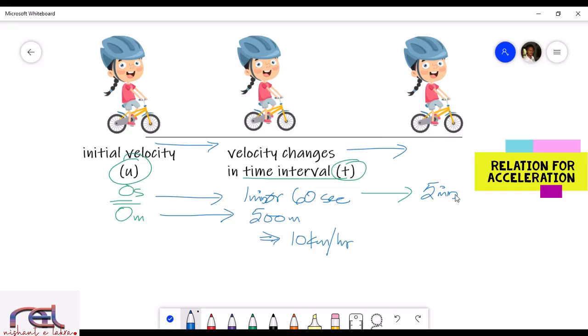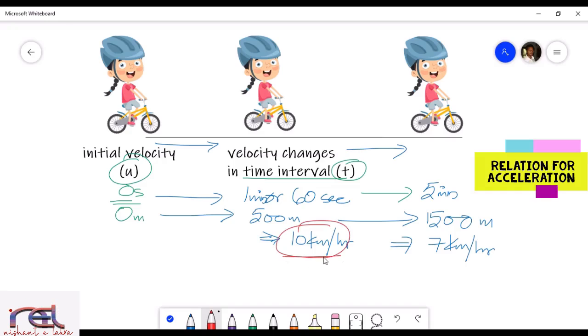Now she has bicycled 5 minutes, and in 5 minutes she has covered, let's say, a distance of 1500 meters or 1.5 kilometers, and her velocity is 7 kilometers per hour. Do you see there is a change in velocity in the time interval? The maximum velocity she reaches is 10 kilometers per hour.